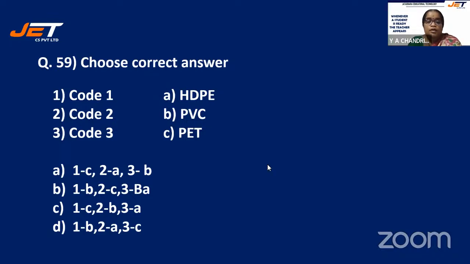We shall see. It is option A. Code 1 is nothing but PET. Code 2 is nothing but HDPE. Code 3 is nothing but PVC.